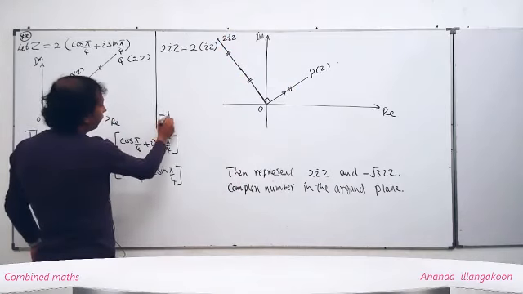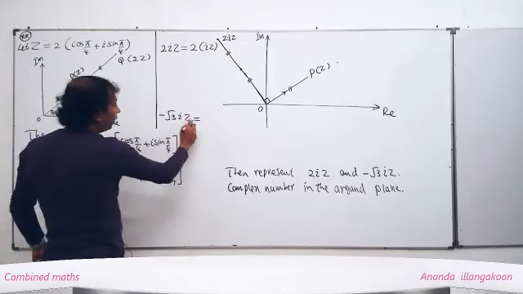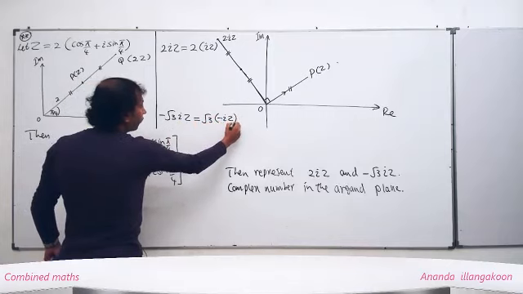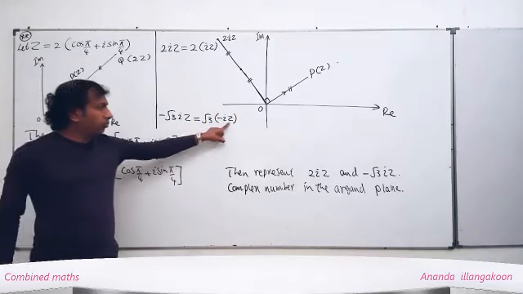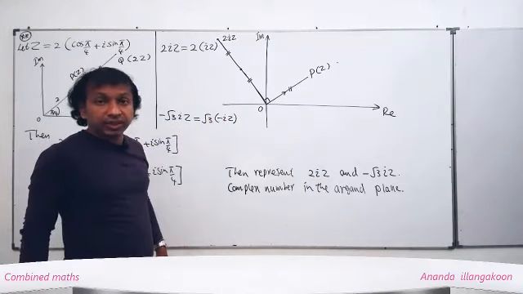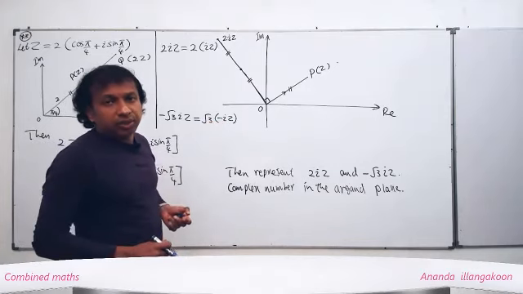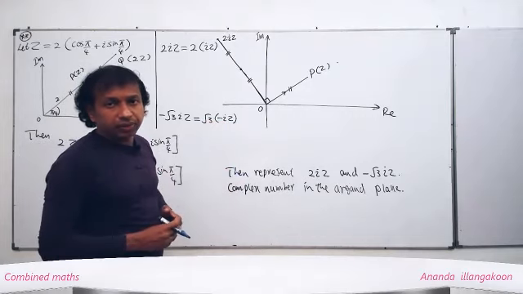Minus root 3 iZ. This one I can write as root 3 times minus iZ. Z complex number should be multiplied by minus i. When you multiply a complex number by minus i, the line segment that represents the complex number is rotated clockwise by an angle 90, right?